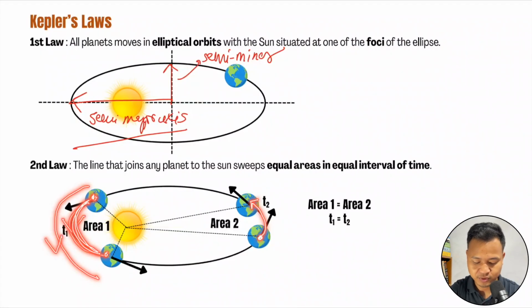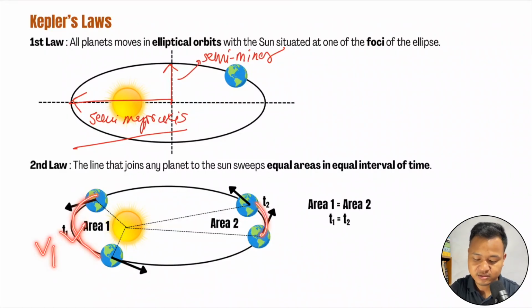So to go from here to here and to go from here to here, it takes the same time. In the same time, where more distance is covered the speed is greater, and where less distance is covered the speed is less. So that means if we say v1 at one place and v2 at the other, here v1 is greater than v2.